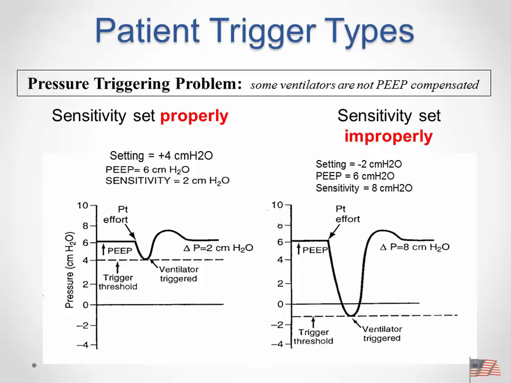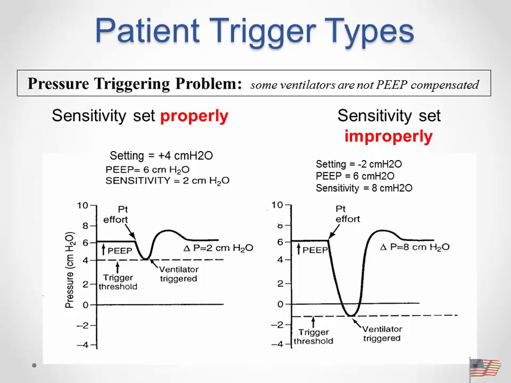Well, what I would end up doing is, if I'm on 6 of PEEP, changing this to 4. Change my sensitivity to +4. So it's on a PEEP of 6, and it would be a pressure change of 2.